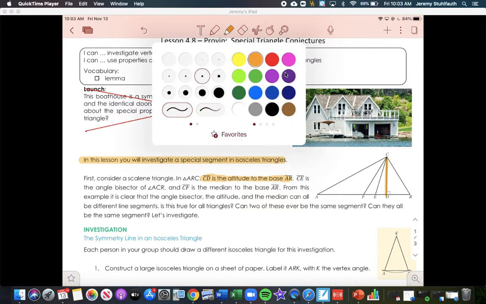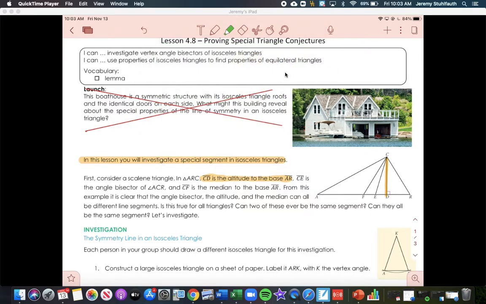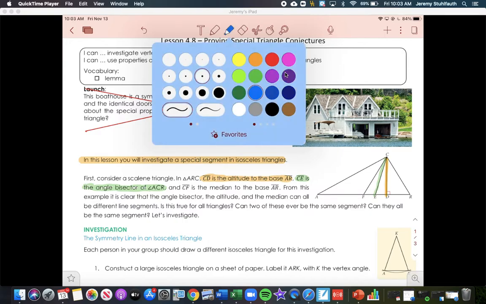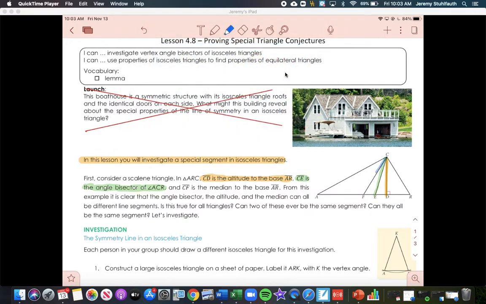We have CE. CE is the angle bisector of angle ACR. And then we also have CF right here, and CF is actually the median to the base from vertex C.